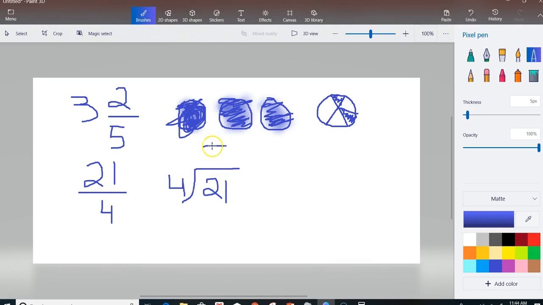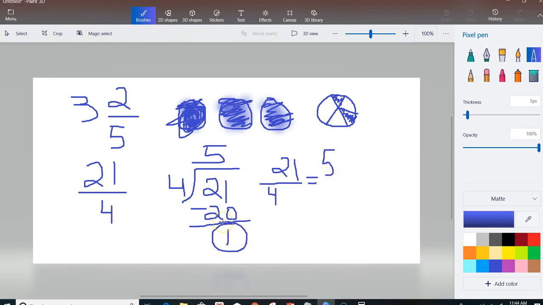If we multiply 5 times 4, we get 20. This will give us 1 as a remainder. So 21 over 4 will be equal to 5 whole parts. And then, do you see the remainder here? We're going to use the remainder, and then as the bottom number, we're going to use this number. 5 1/4.